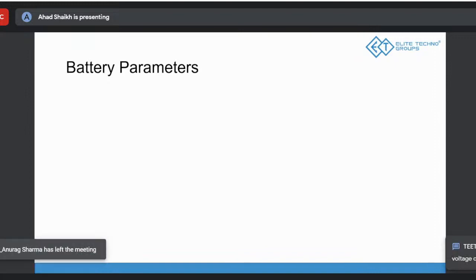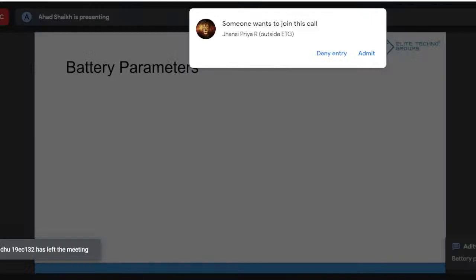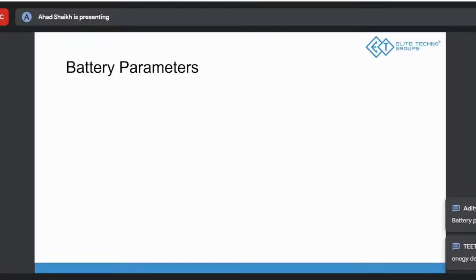Voltage per cell, yes. And its geometry also, geometrical dimensions. Yes, correct. There are other things as well, if you know. Yes, capacity, energy density. Exactly, Praveen.